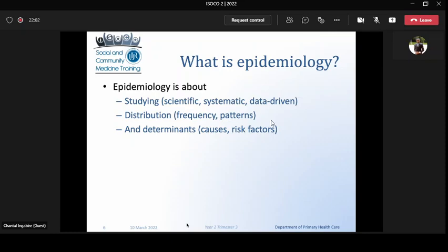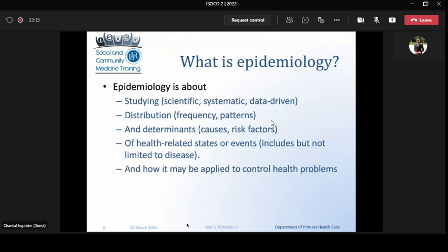And you mentioned something about the determinants, and here we are talking about causes, but also risk factors for some diseases in terms of health-related states or events. And this, not only having that kind of particular knowledge, but also how it may be applied in terms of the control of health-related problems.